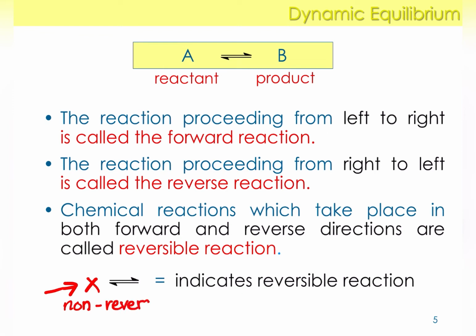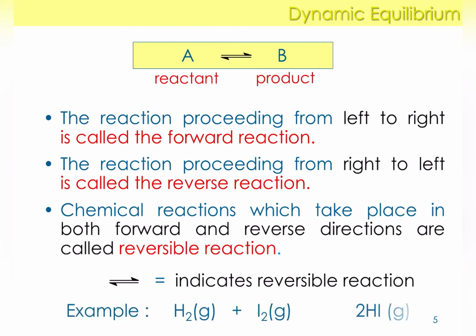So please take note when you want to write the chemical equation in this chapter because we are talking about reversible reaction. For example, a reversible reaction can happen between H2 gas reacting with iodine gas, reversible to form 2HI gas. And this is what we call a reversible reaction, where you can see the arrow like this one.